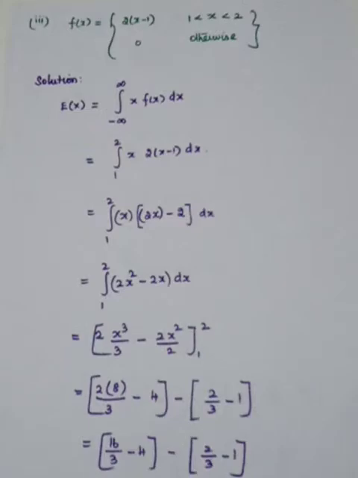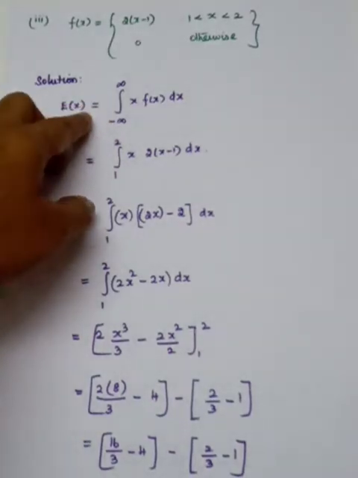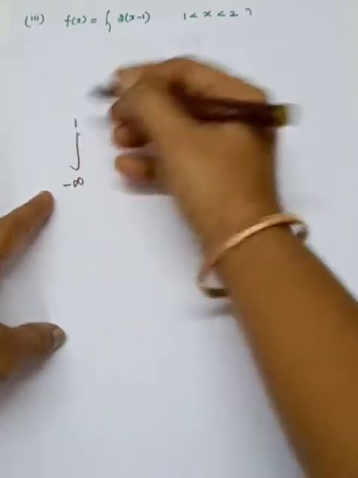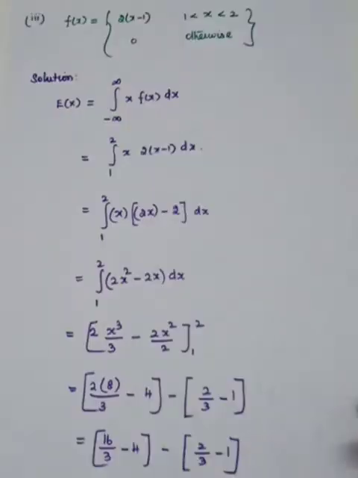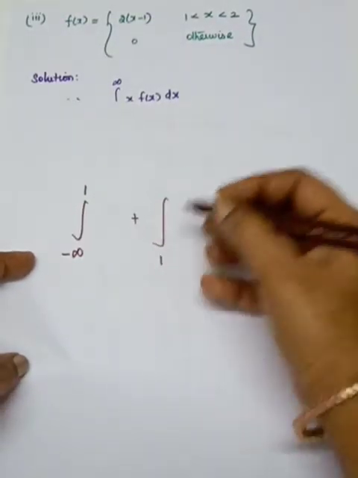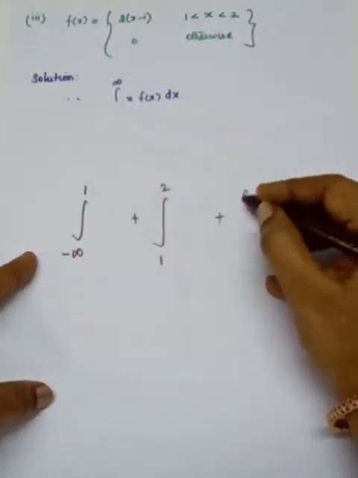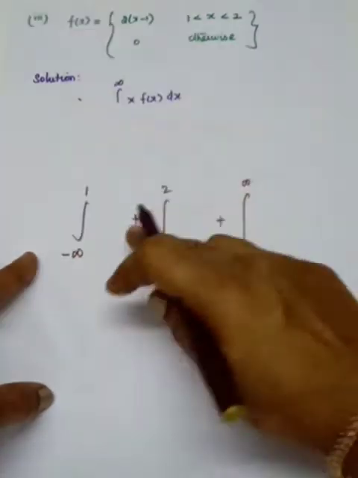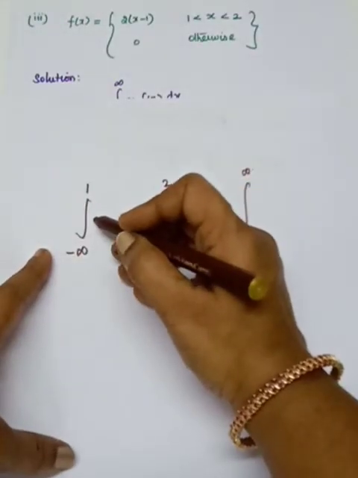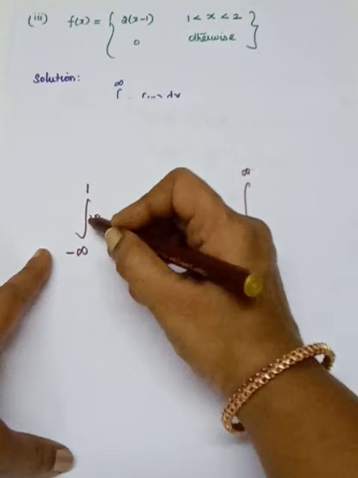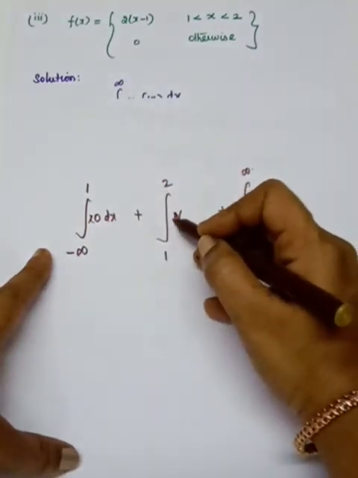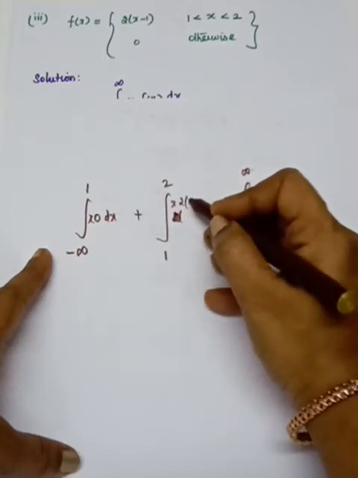Now this minus infinity to plus infinity can be split as the integral from minus infinity to 1, because 1 to 2 only you are having a result, then the integral from 1 to 2, plus 2 to infinity, of x f(x) dx. Here f(x) is 0, so x into 0 dx, and in 1 to 2 the value is 2(x minus 1).